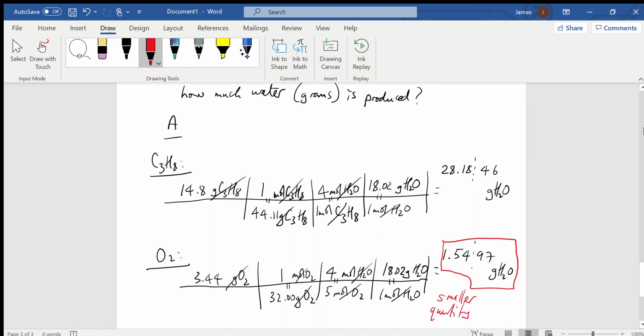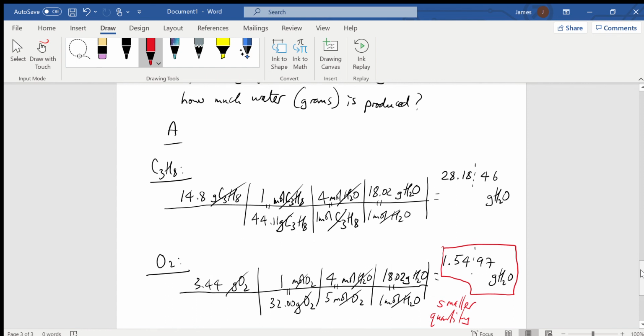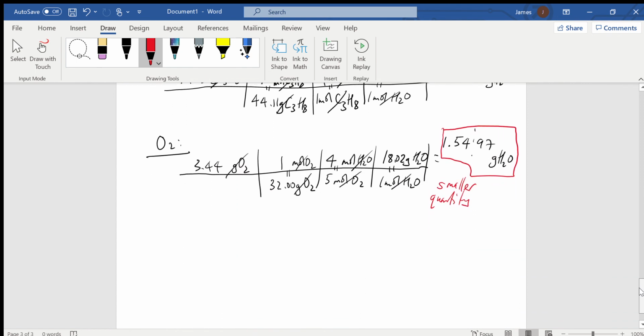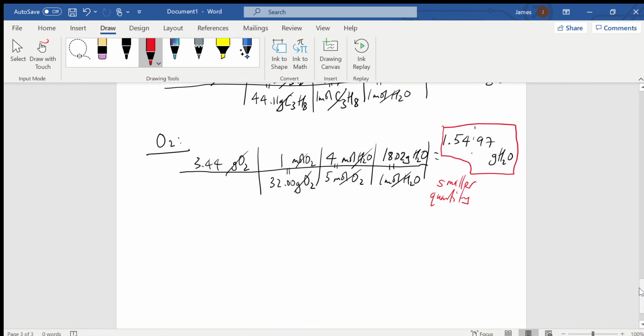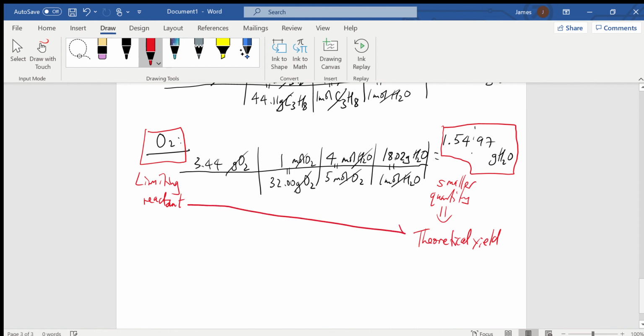So as soon as we have the smaller quantity, I know exactly how much water is produced because I've now got the theoretical yield. And I got the theoretical yield from the limiting reactant because the limiting reactant always produces the theoretical yield.